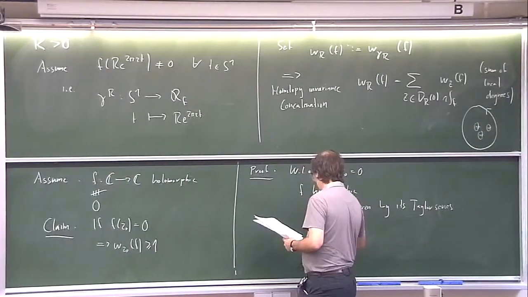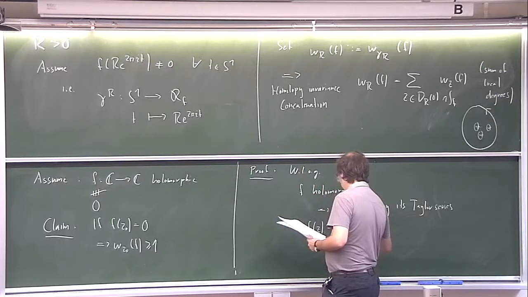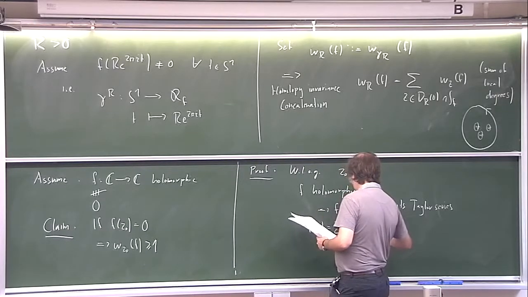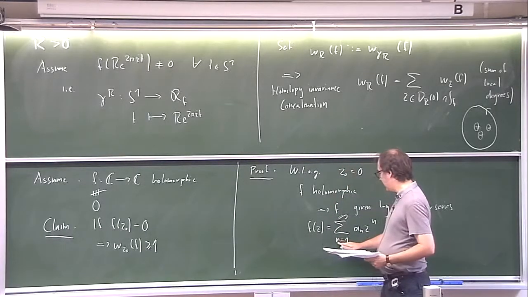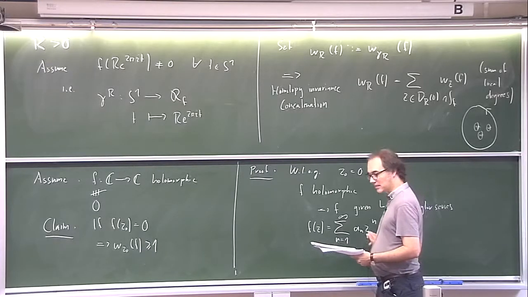So we have f of z equals the sum n equals 1 to infinity of a_n z^n. Note that the summation starts at 1 and not 0 because f vanishes at 0.